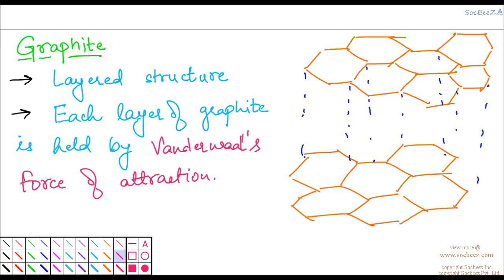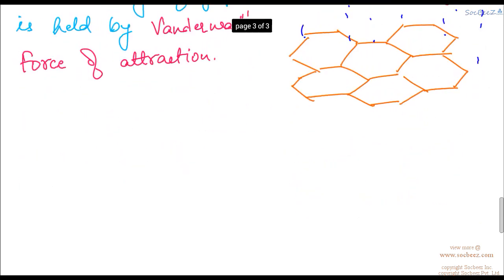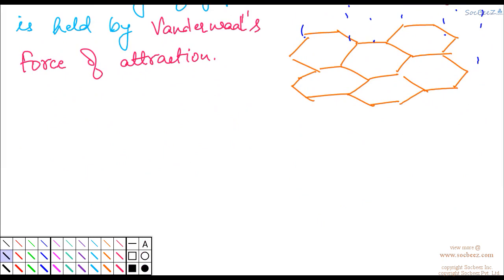All these layers are held by van der Waals force of attraction.